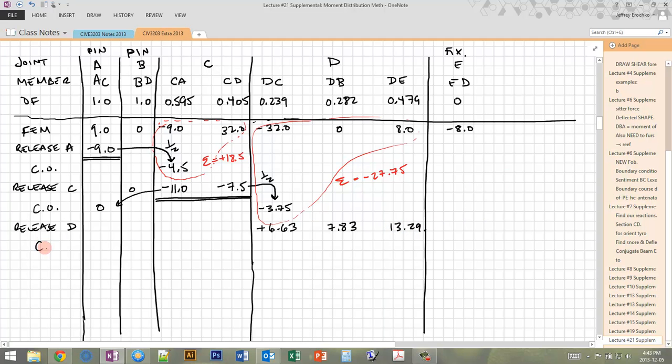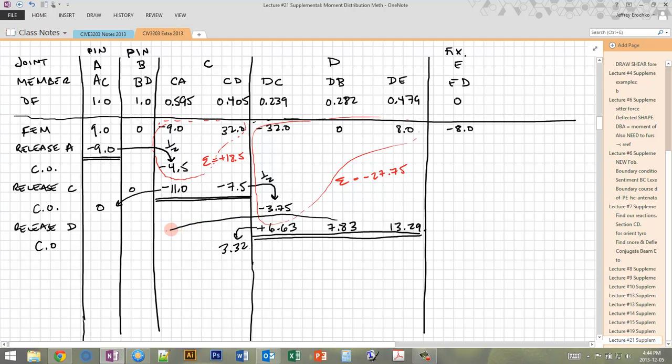And then once we've done that again, that means that everything above here is in equilibrium. If I add up all of these 6 numbers, then I'm going to get 0. So now I do my carryover. DC carries into CD. So this is half, so this is going to be 3.32 positive. DB carries to BD.